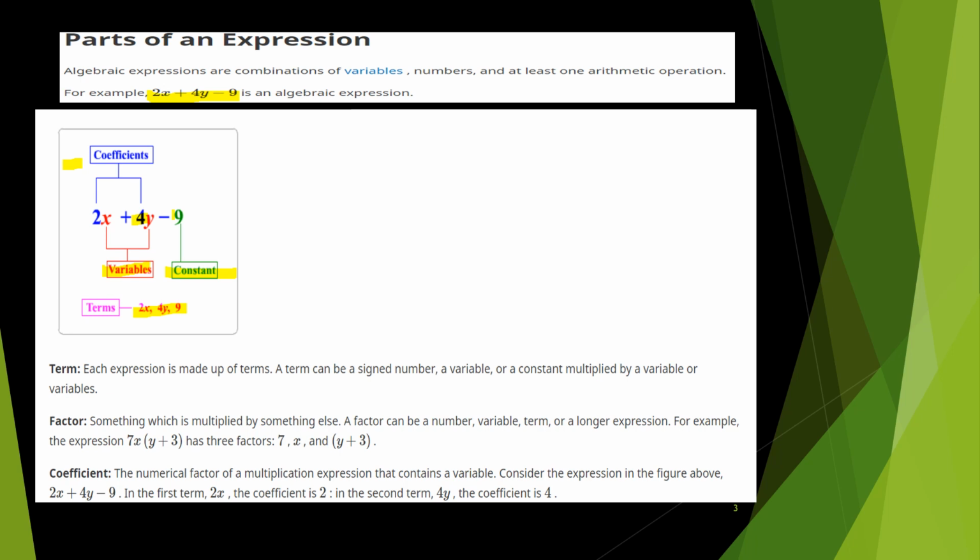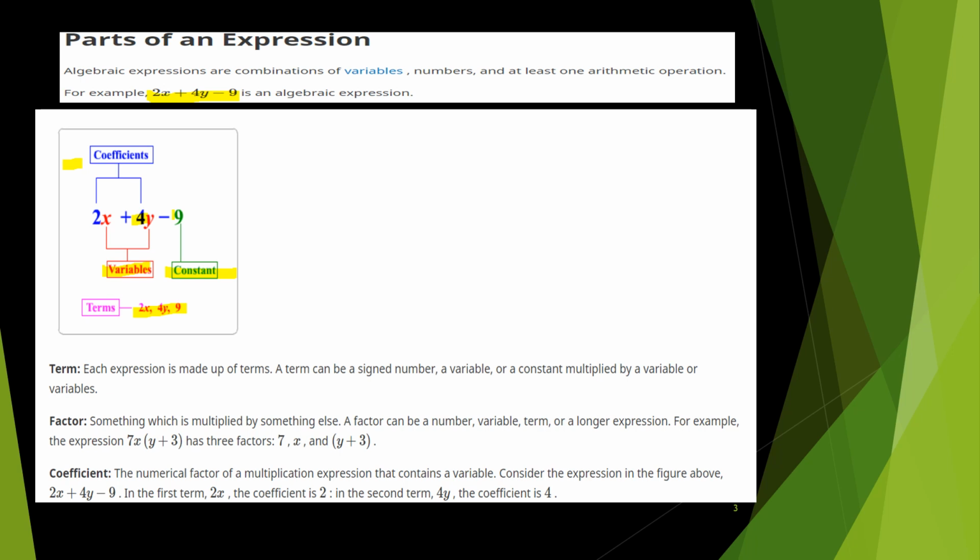What is a term? Each expression is made up of terms. A term can be a signed number, a variable or a constant, multiplied by a variable or variables. Like in the above example, you have 2x, 4y and 9. There are three terms and they have some arithmetic operation between them, and they have made an expression.